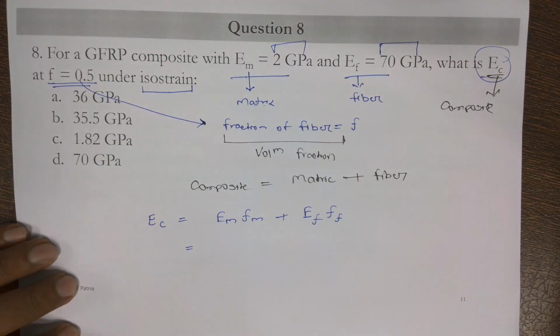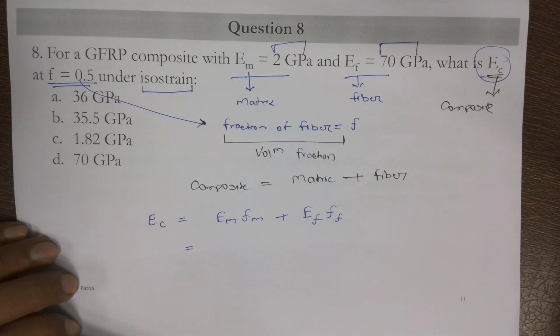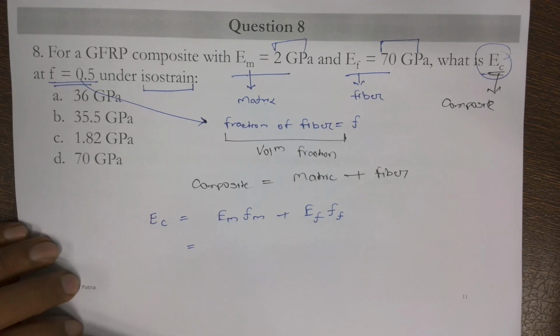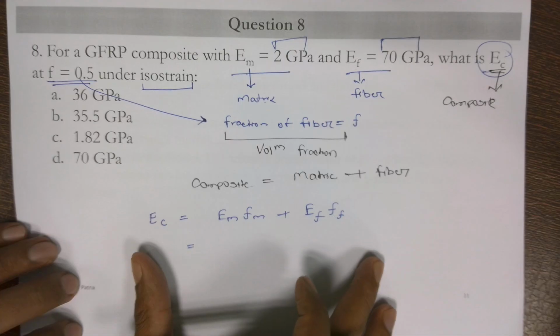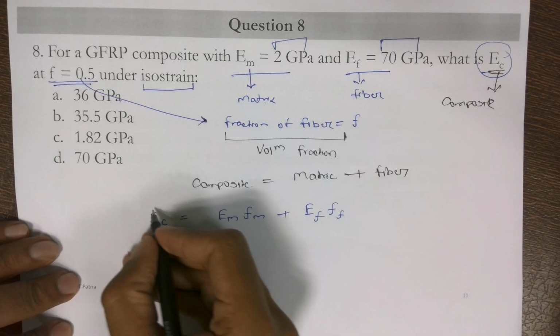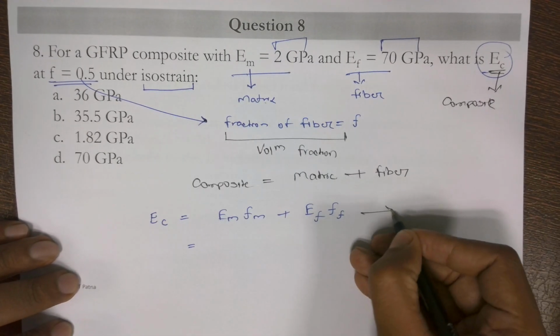In a few questions, just to confuse you, they will give you the weight fraction and they will also give you the molecular weight or density, so that you can convert. You can make a conversion, but they will mention it in a way that you will directly feel like you will use that particular weight fraction, which is not the case. Our question requires the volume fraction. This particular equation is valid for the isostrain condition.